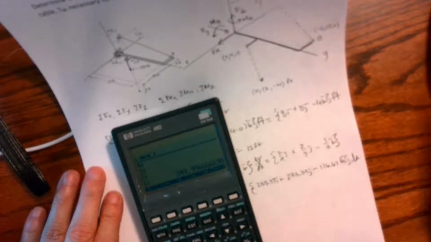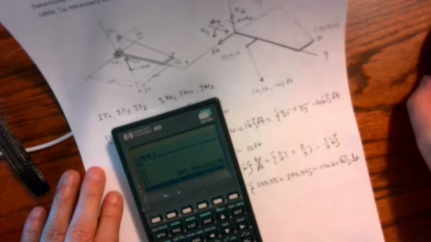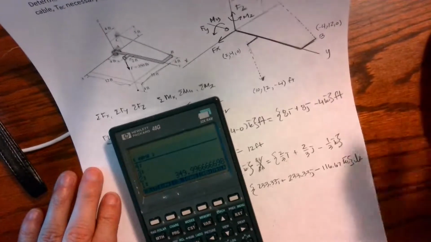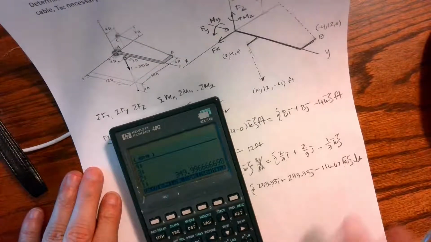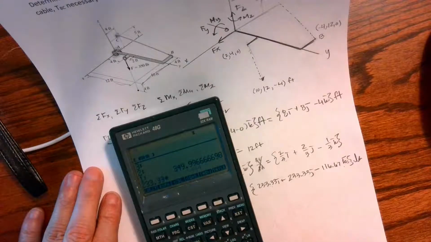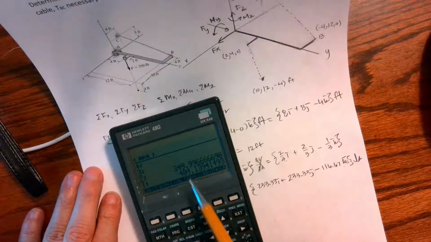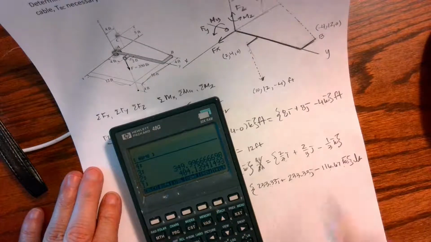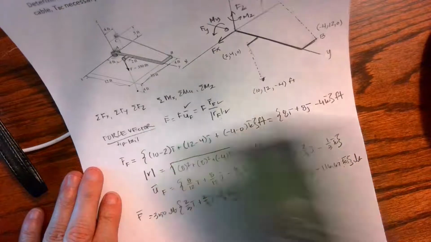If I had made a math error, this is really awful today, I'm so sorry, I don't know why it's continuing to come out of focus. If I had actually used the 233 here, I would have gotten 404, which is not the force I started with, and that would have been a clue. I need to go back and figure out what I did wrong.